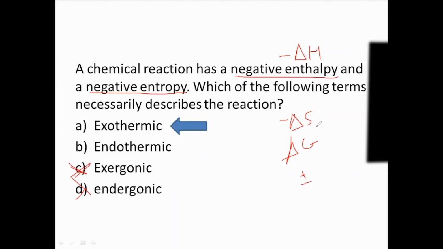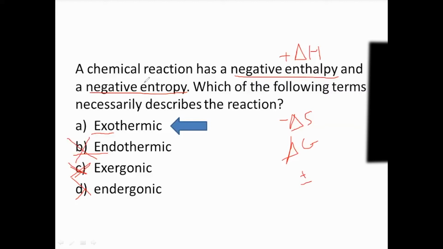However, we do know the delta H, so we can definitely know whether it's exo or endothermic. I mentioned that negative delta H is favorable, which means it's releasing heat to the environment, which is exothermic. If it was a positive delta H instead, then it would be endothermic, right? And that's why this is the correct answer.